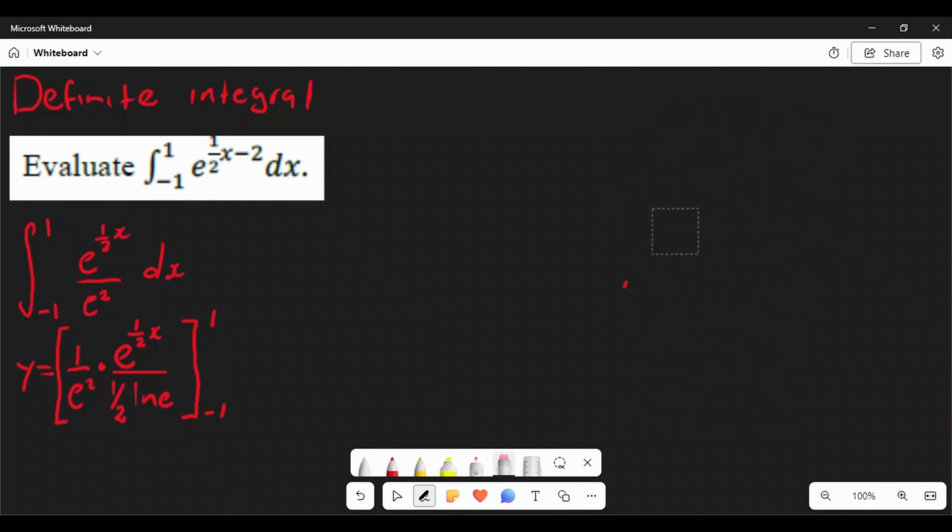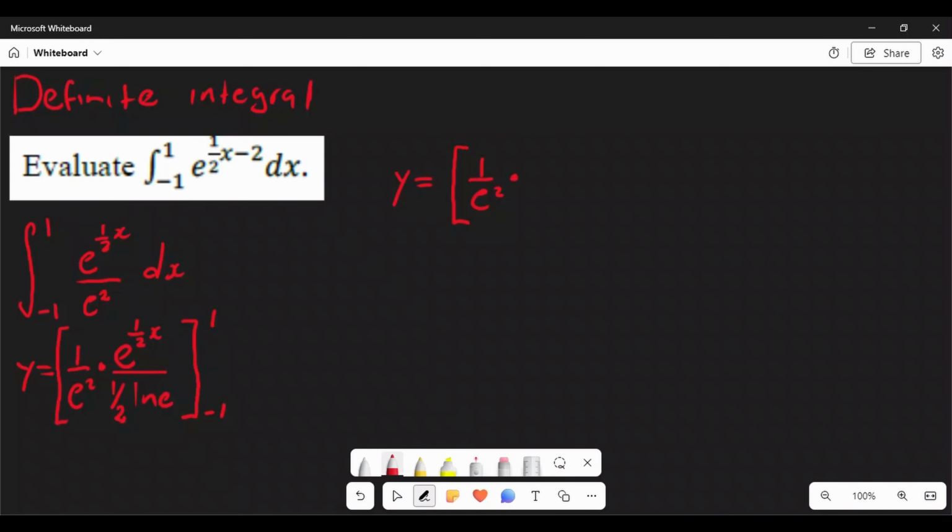So let me just erase this very quickly and rewrite it here. So y is equal to, now we rewrite this as it is. Let's simplify. We can say 1 over e squared. But look at this, guys: when you are dividing by a fraction, the denominator of that fraction comes to the numerator of the whole expression.